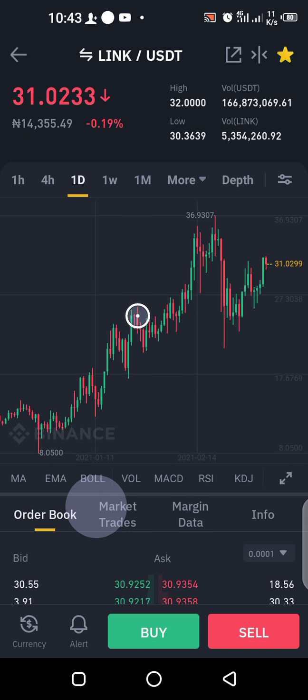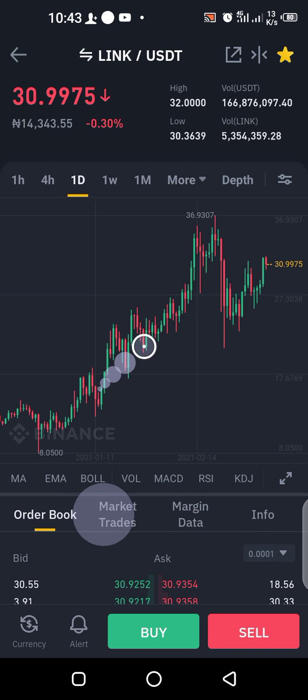Do you understand what I mean by the high highs and high lows now? This is a lower level, and this lower level was higher than the previous lower level. That's what we call the high lows. And you can only find the high highs and high lows in an uptrend, in a market that is bullish.